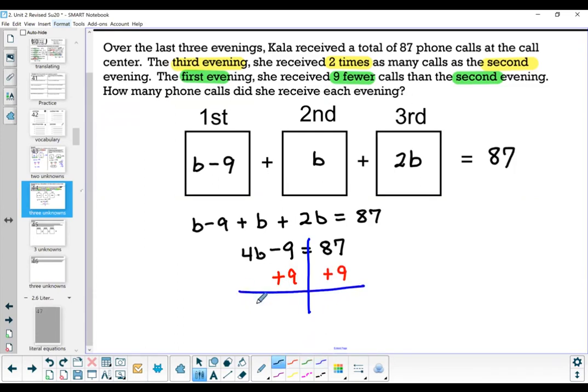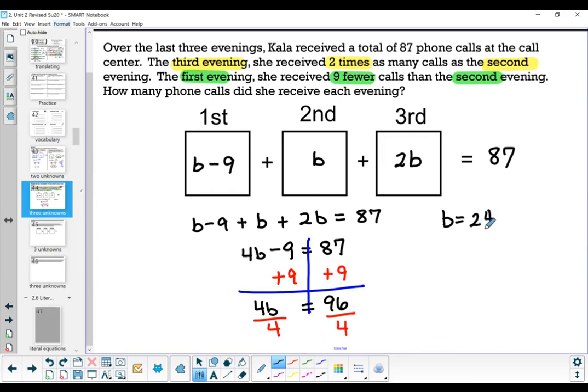So we have 4B equals 96. Okay. So now we're going to divide by 4 on each side. And that's going to give me B equals 24.